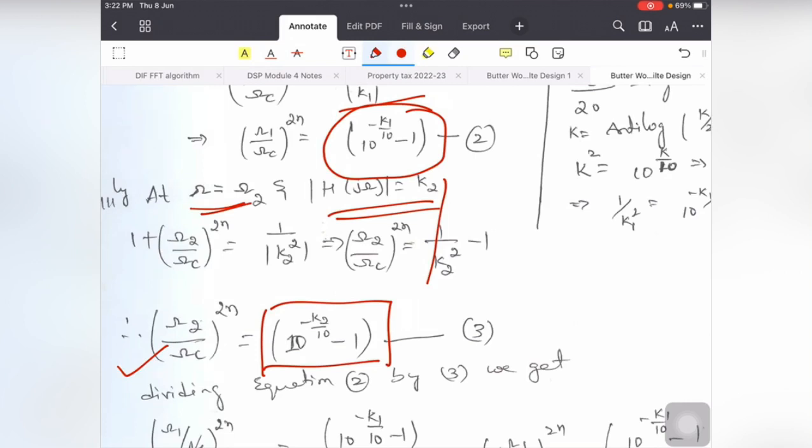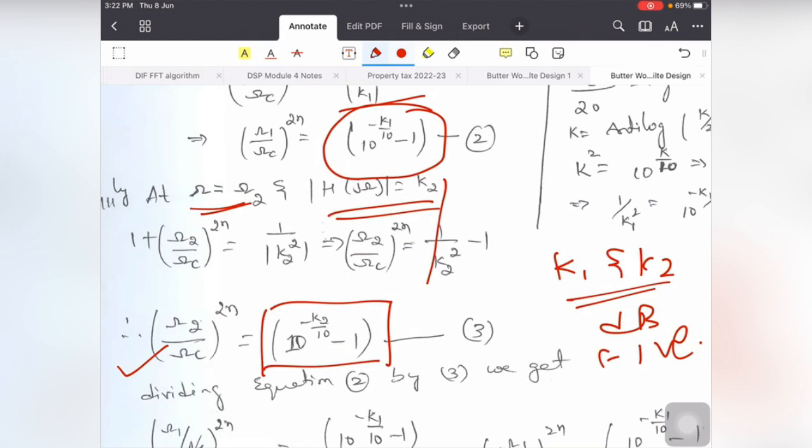What are the changes? Omega 1 goes with k1, omega 2 goes with k2, and both k1 and k2 are gains that should be in dB and both are negative. So keep it in mind: the gain is always negative. If in the problem the gain is given as positive, while simplifying you can assume the gain to be a negative value.